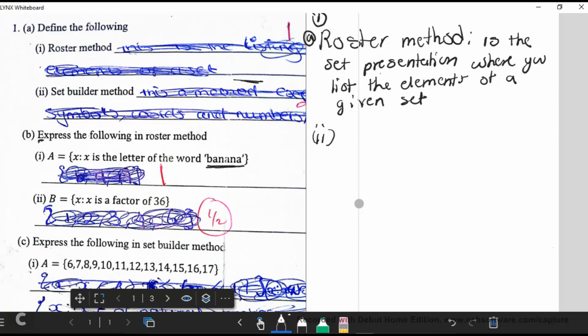Question 2 says define the set builder method. Set builder method. So how do you define that one?